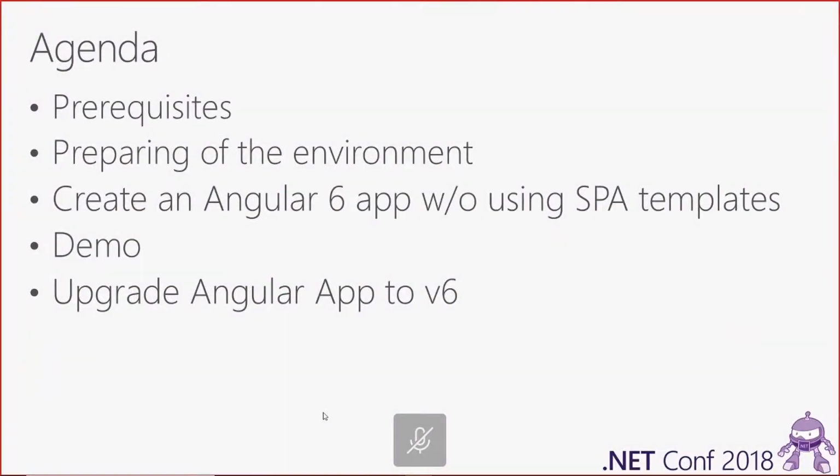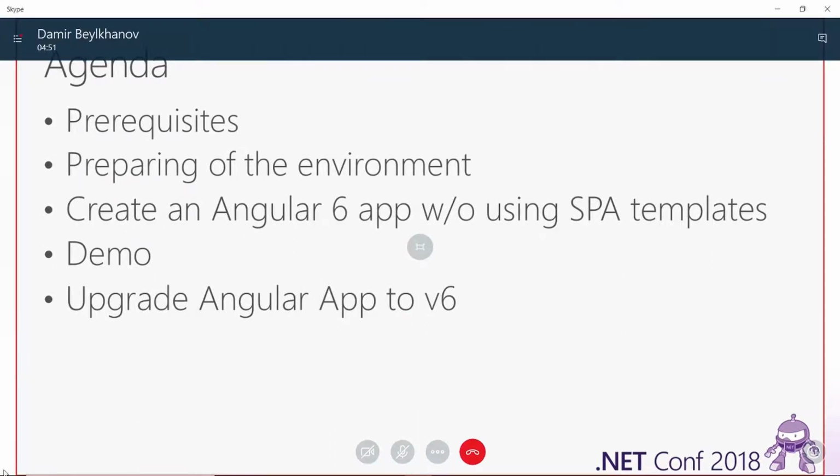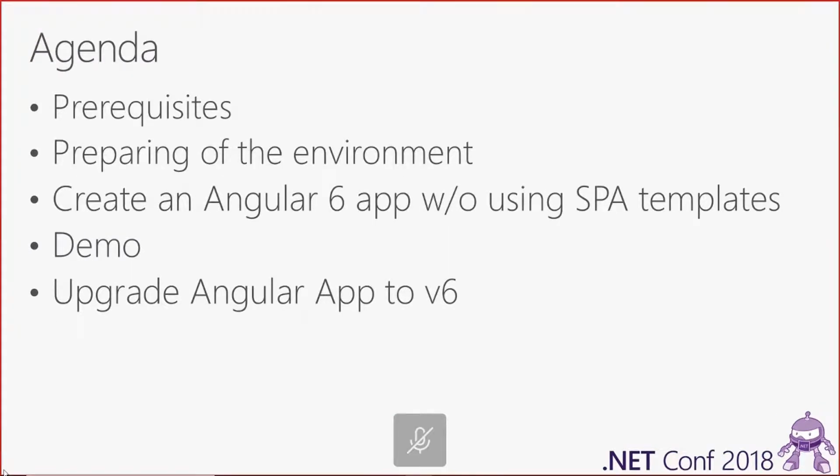This is the agenda for today's talk. We will start with checking out the prerequisites, tools, and requirements for preparing the environment. Moreover, you will learn how to create web applications with and without using .NET Core single-page application templates in Visual Studio 2017.